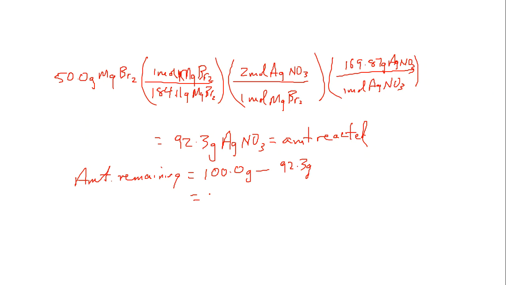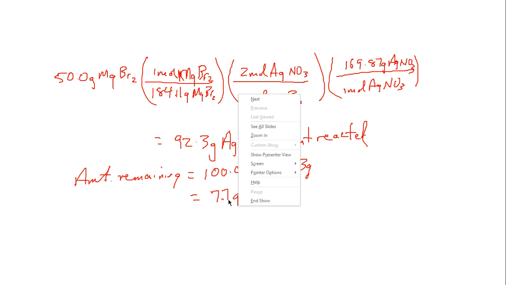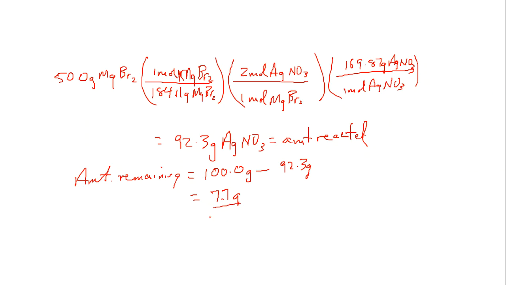So 100 minus 92.3, and according to my calculation, that works out to be equal to 7.7 grams. So this would represent the amount of the excess reactant, which is silver nitrate, that will remain.